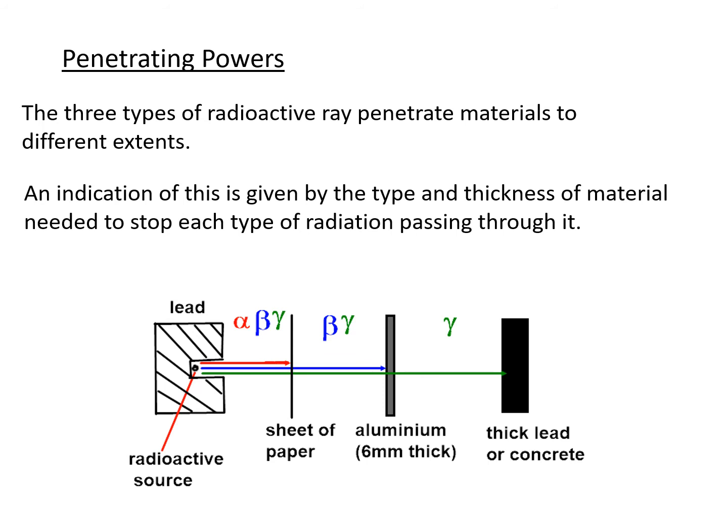So we say that alpha particles can be stopped by a sheet of paper. A few centimetres of air can also stop it as well. Your beta particle, that keeps going, but then it gets stopped by about 6 millimetres of aluminium. However, your gamma ray, that keeps going. It needs either thick lead or concrete to be able to stop it.